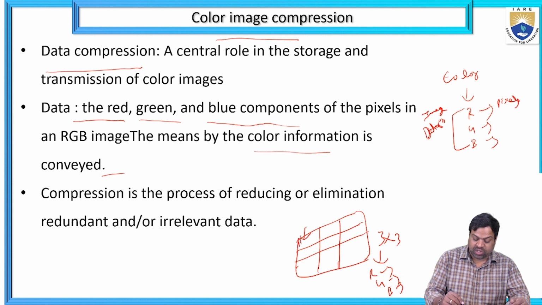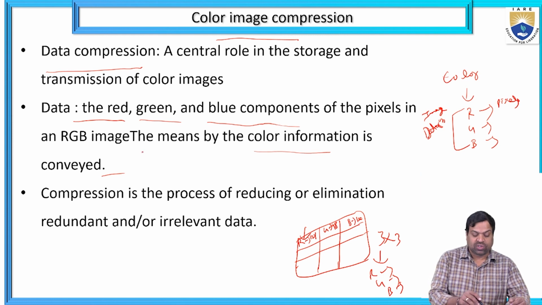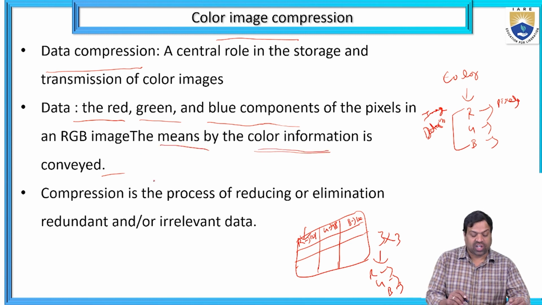Suppose I am taking red with 128 intensity, green with 98 intensity, blue with 120 intensity. So every image pixel, every cell, has different intensity values. These intensity values are in the form of red, green, blue only. So the red, green and blue of the pixels in the RGB, that means the color information is conveyed.